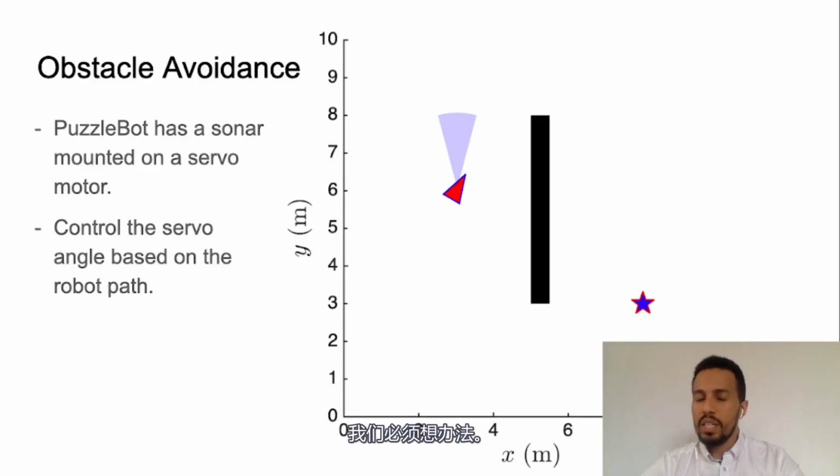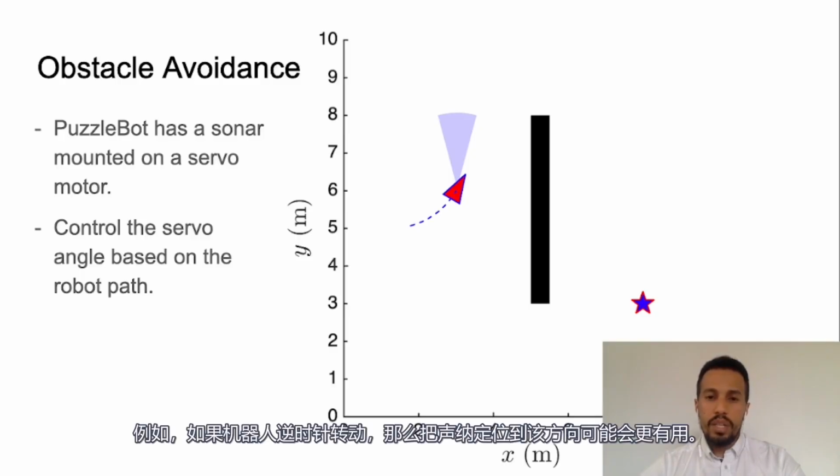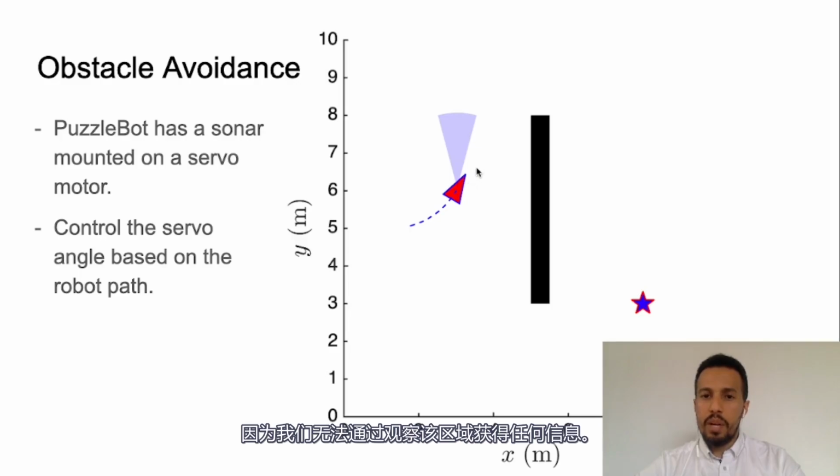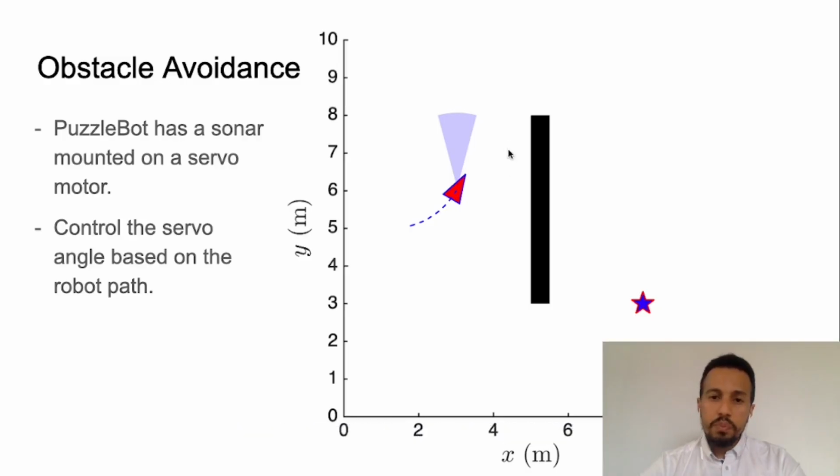We have to be quite smart about it, and one way to do so is by considering our path in the past. So if the robot, for example, is turning counterclockwise, it might be more useful to orient our sonar in that direction as opposed to orienting it in this direction, because we don't gain any information by looking at this area.